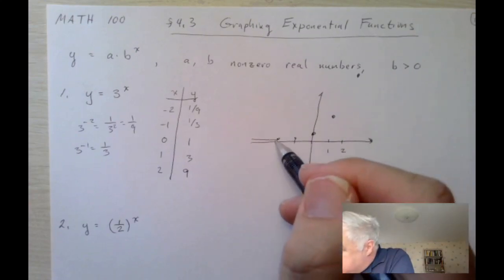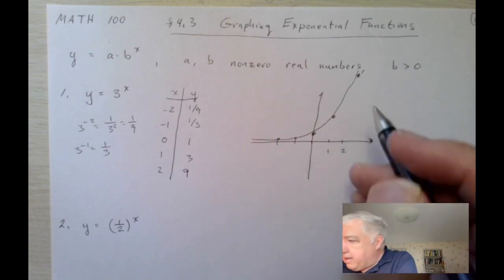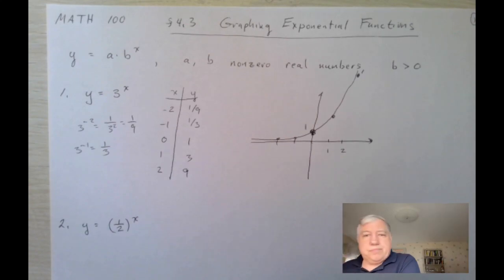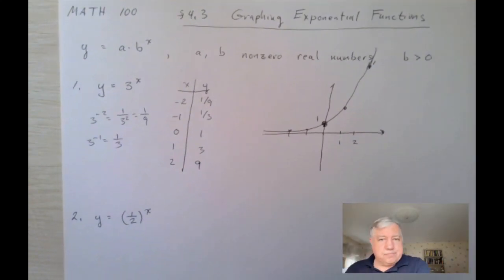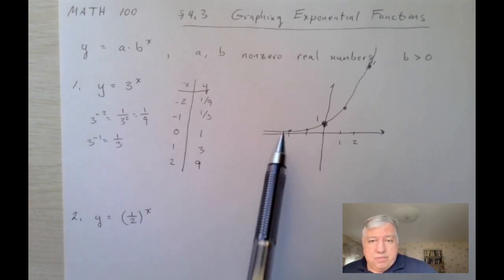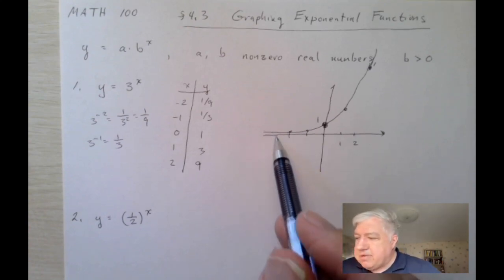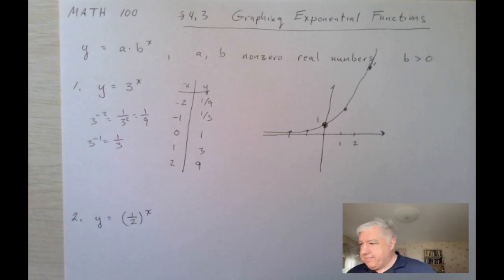So the graph is going to look like this. It should go through this point here, and this continues, of course, up like that. Just remember this graph on the left gets very close to the x-axis, but it never touches it because 3 raised to any real number is always going to be a positive number, and by positive we mean bigger than 0.